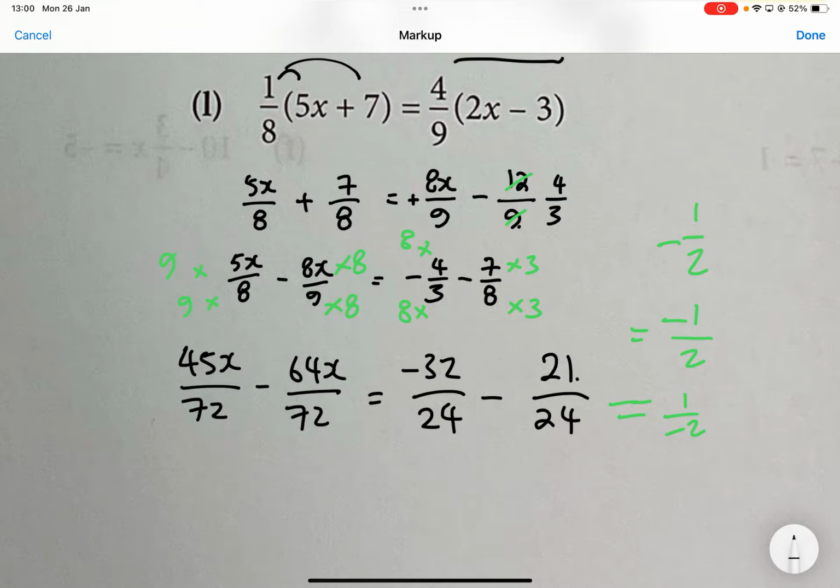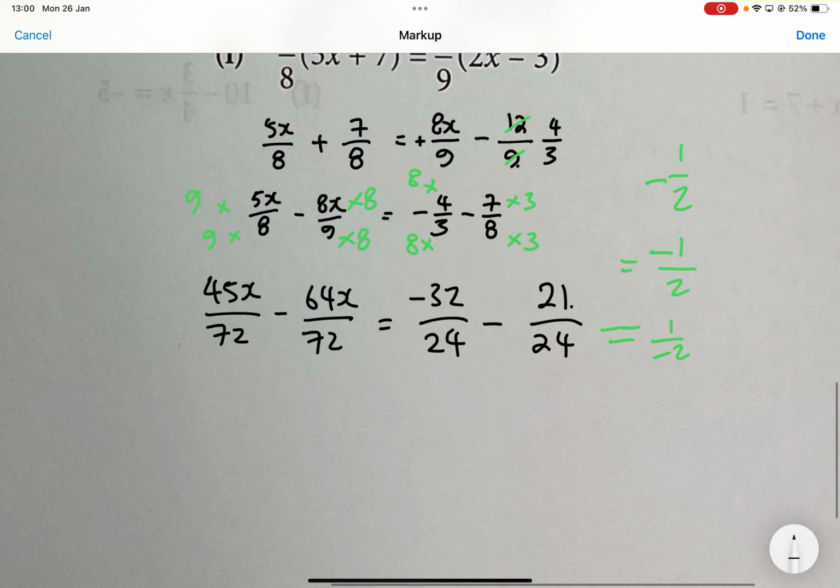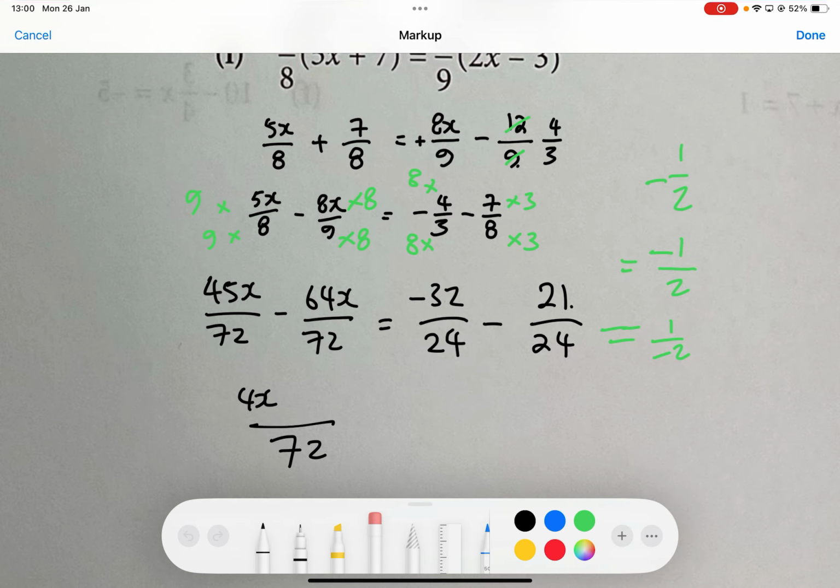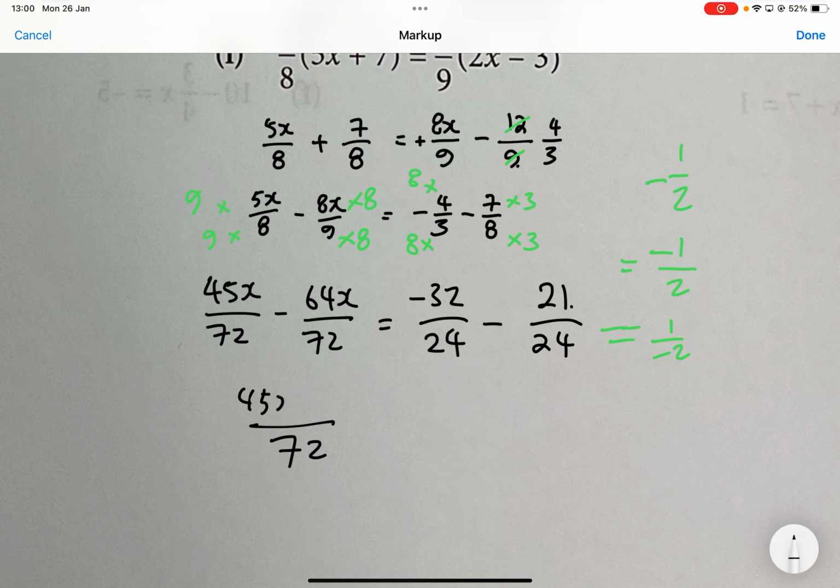Just that I don't like to press the calculator, so I do it myself. Okay, then combine them together. Two fractions having the same denominator, I can put them together. (45x minus 64x).